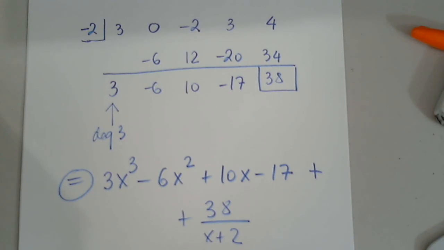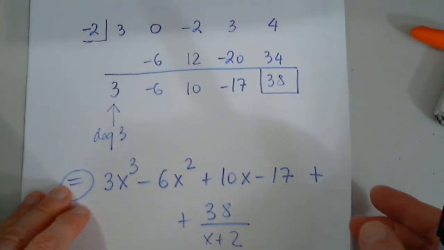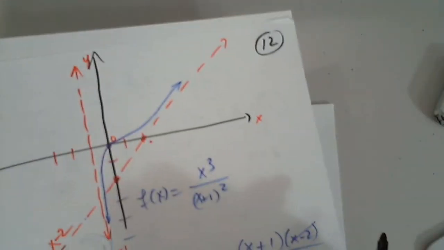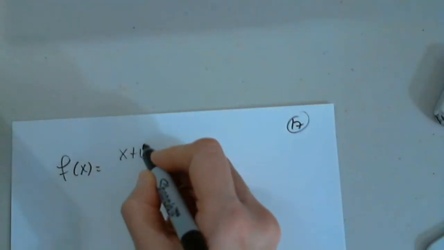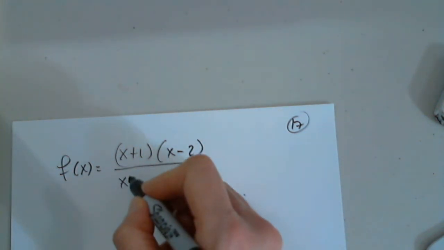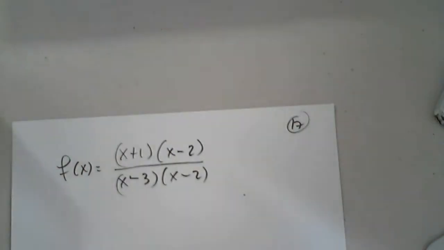Very good question. Anything else? So I know I have just a few minutes left. I just wanted to show that example I gave a second ago right here. So this is x plus 1 and x minus 2 over x minus 3 and x minus 2.